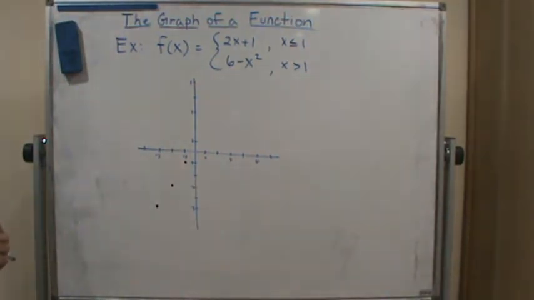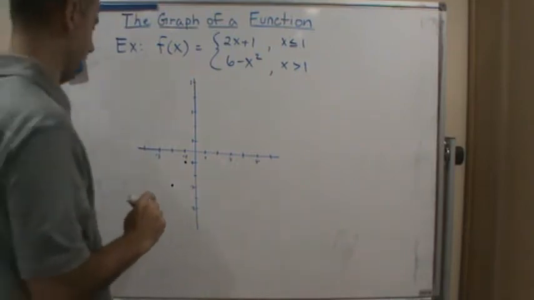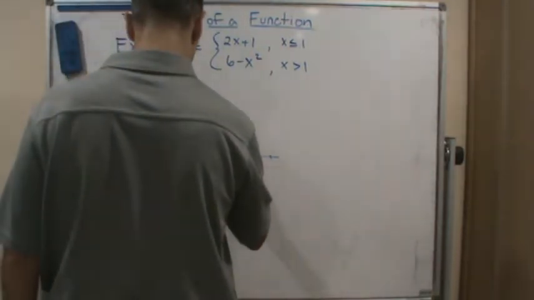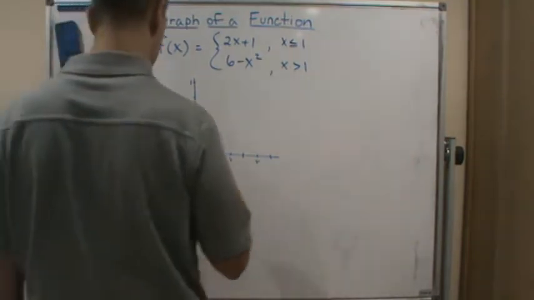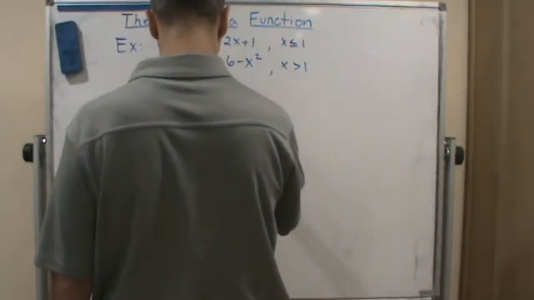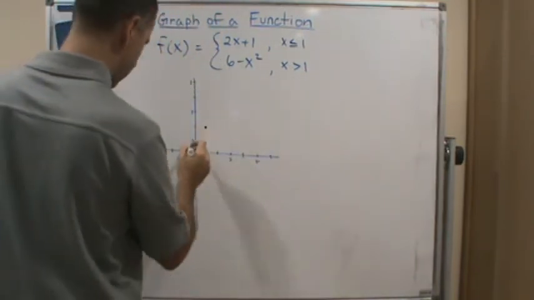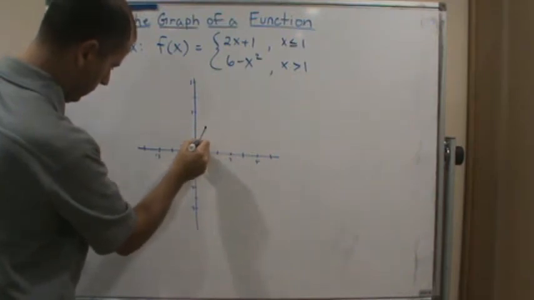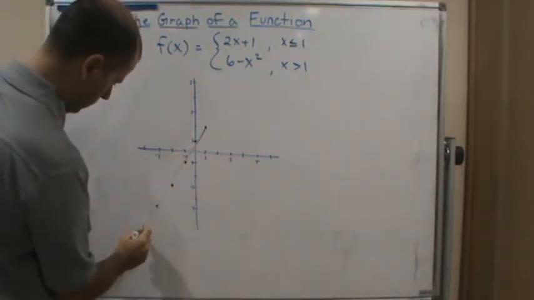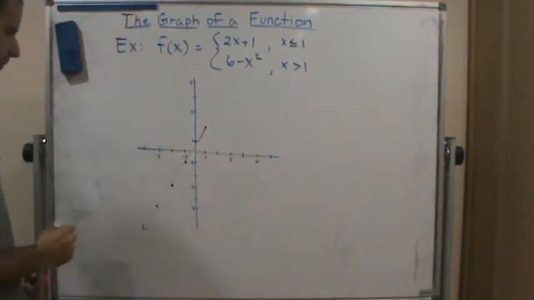And then if I plug in 0, I get 1. And if I plug in 1, I get 2. And that's where I'm going to stop. So this is a straight line, like so.